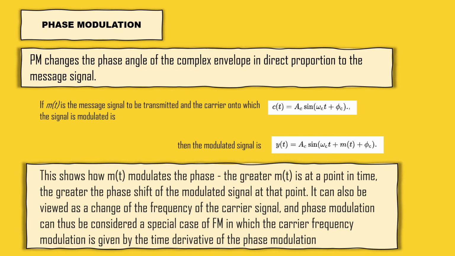The greater m of t is at a point in time, the greater the phase shift of the modulated signal at that point. It can also be viewed as a change of the frequency of the carrier signal, and phase modulation can thus be considered a special case of frequency modulation in which the carrier frequency modulation is given by the time derivative of the phase modulation.